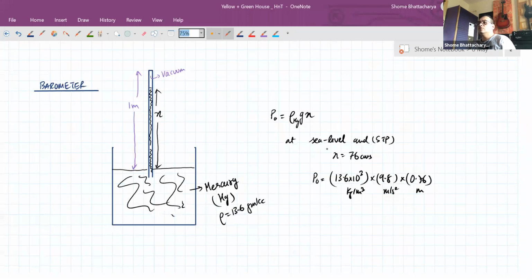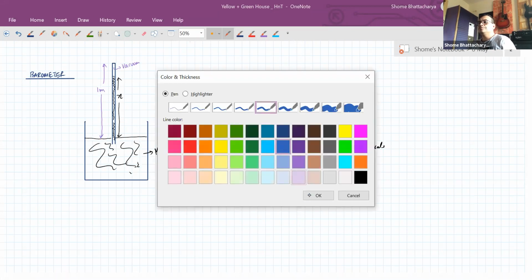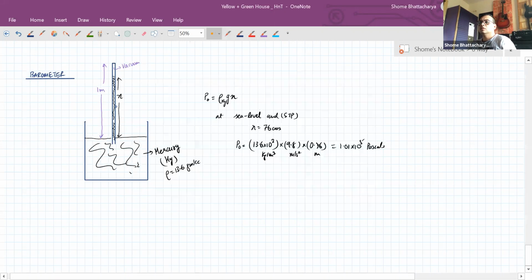And this is the value of standard atmospheric pressure that we know. Okay.